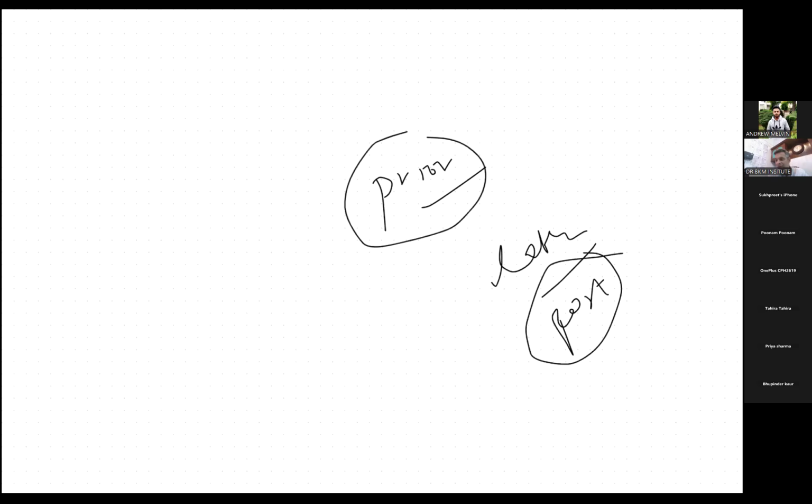Prior means before. We have done this example many times, and it also saves your time. Prior means before, and later means afterwards. So called post. The word post is also used. Prior is pre. So if somebody says prior to home visit, that means pre visit. After home visit means post visit.